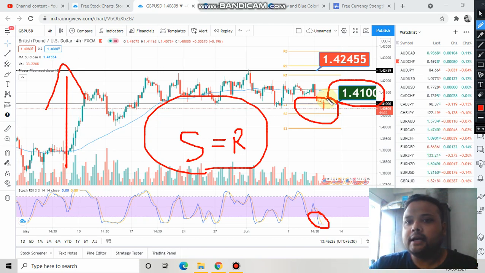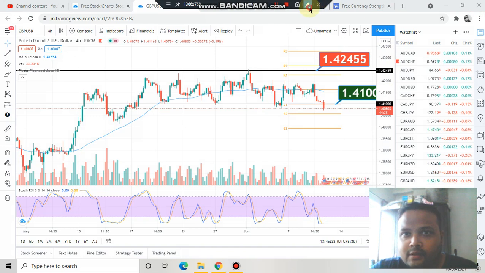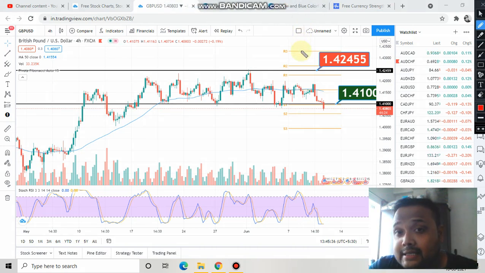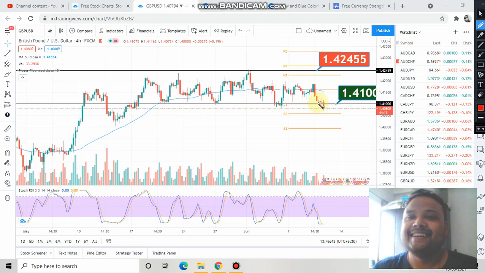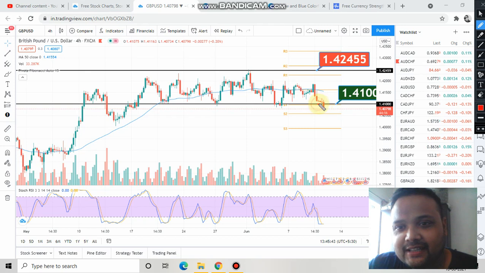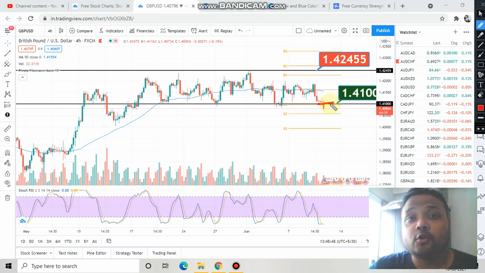On the other hand, if after 4 to 6 hours the market has successfully maintained this support level and successfully closed above it, then you will get the confirmation that yes, 1.4100 is a very strong support.